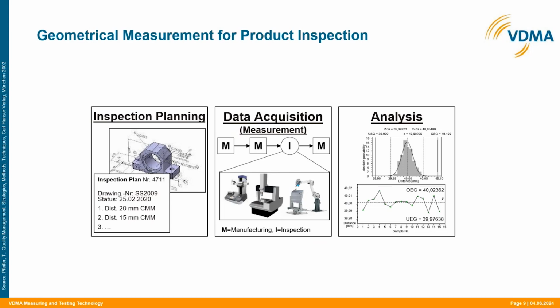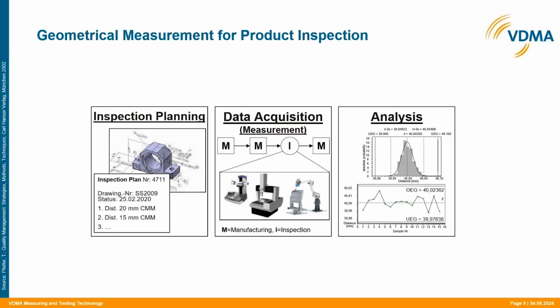Then, after the manufacturing process, you have the data acquisition phase. That means you take your part, you measure it, and maybe after manufacturing and the inspection step you see something was wrong and you need to remanufacture, or the part is okay and you're done. And of course, hand in hand with this, you have to analyze your measurement data. So this is also part of this GMS workflow: you collect data, you collect results, and you analyze the data.